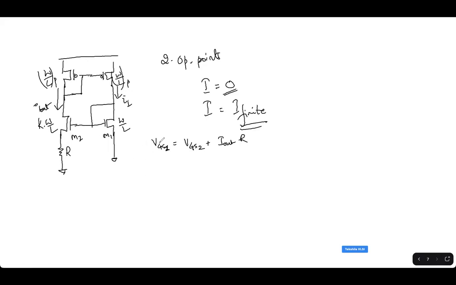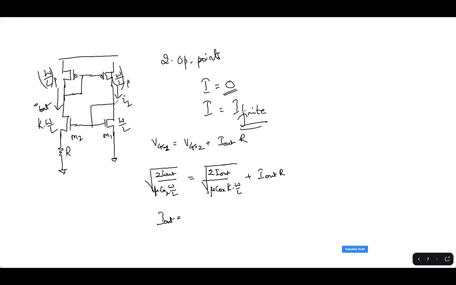Now what is VGS1, VGS2? We can also represent it in terms of the current itself. It becomes 2I out divided by mu Cox W by L, equal to 2I out divided by mu Cox K times W by L, plus I out into R. If I simplify this, I can get I out is equal to I out.